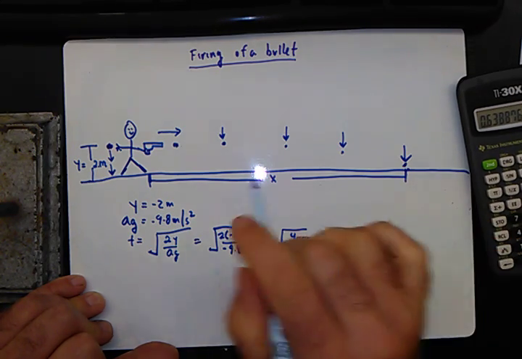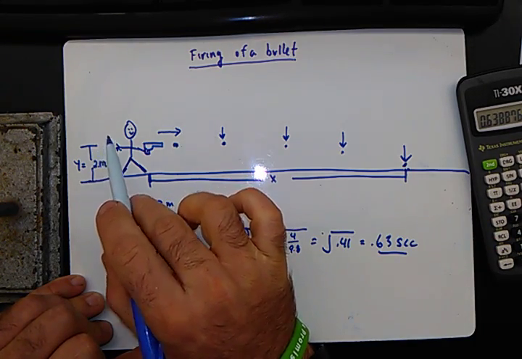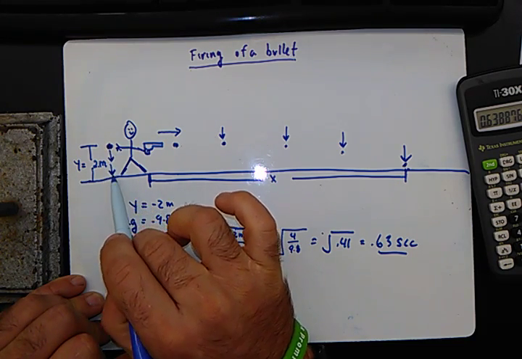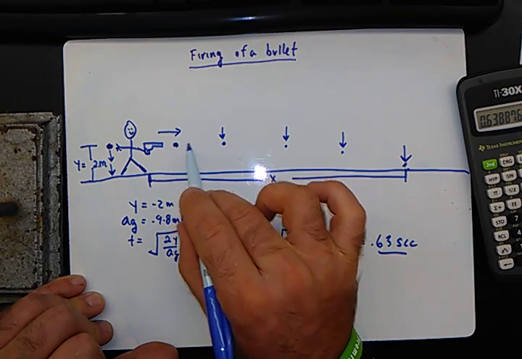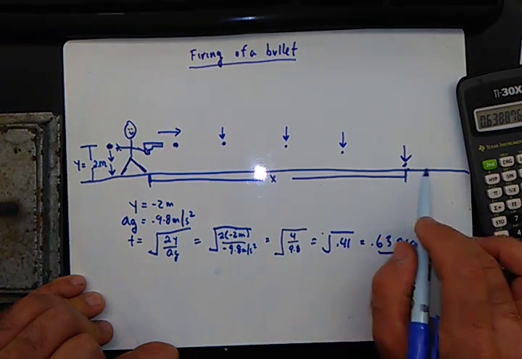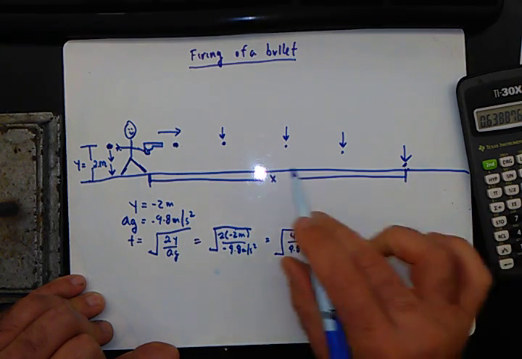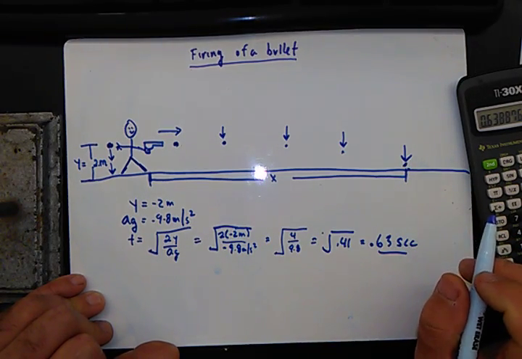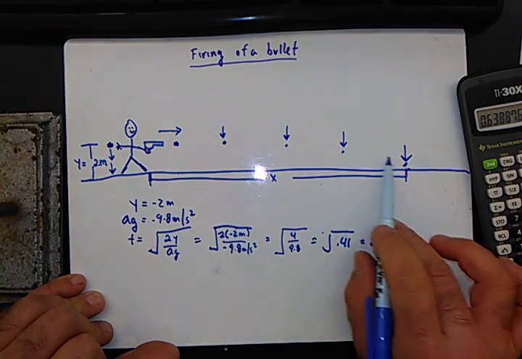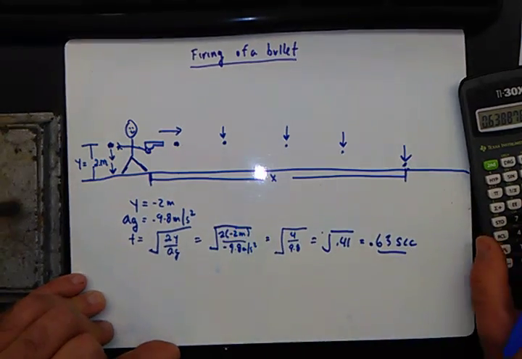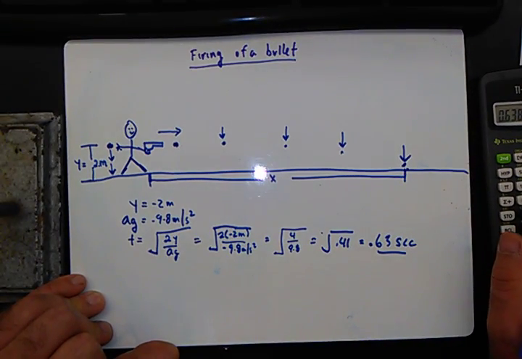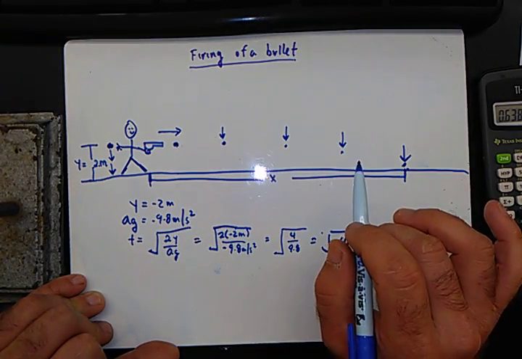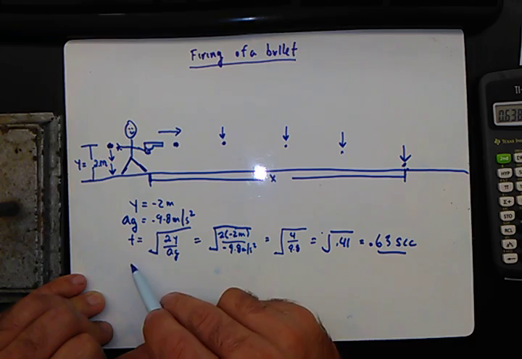So this little guy on this side of me dropping the object is going to take 0.63 seconds, and this one on this side is going to also take 0.63 seconds to hit the ground. Now, this bullet will be way out here somewhere. In some cases, it's miles out. That shows you how fast it's going in the x direction.